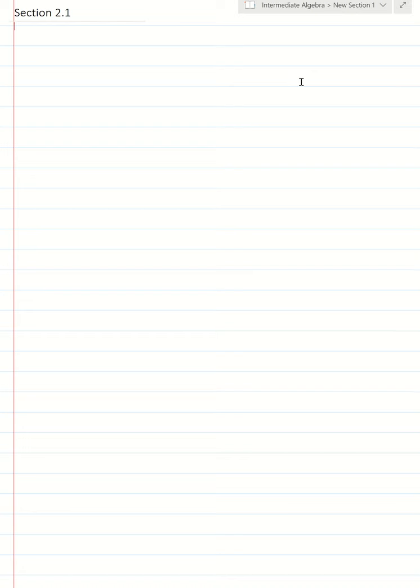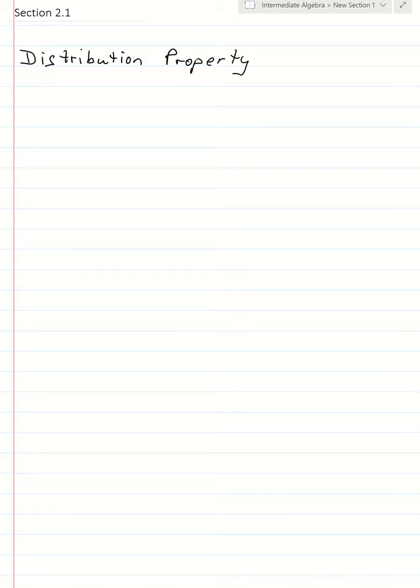And some of the basics that we have to constantly recall upon, one of them is called the distribution property. Now, the distribution property, that's technically a nickname for it. If I was to give you the formal full name, it would be the distribution property of multiplication over addition and subtraction.